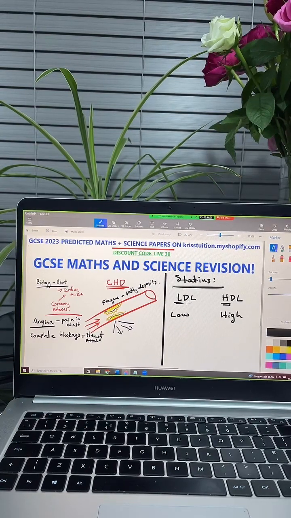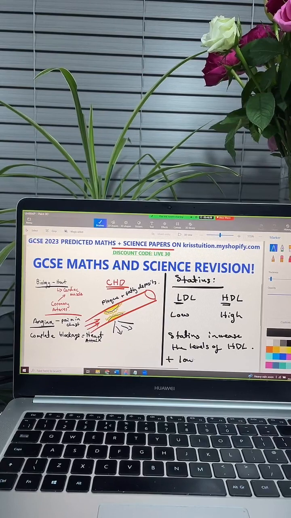Okay, now, what statins do is statins increase the levels of HDL, of the good cholesterol, and they lower levels of LDL. So they lower your bad cholesterol.